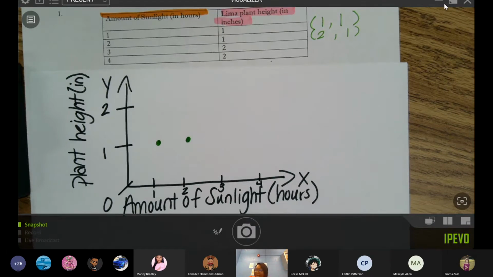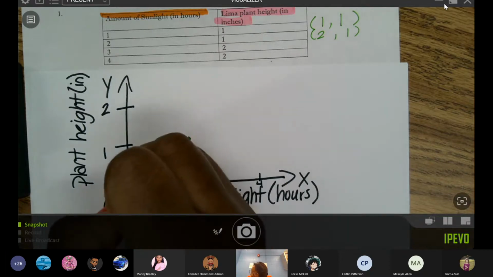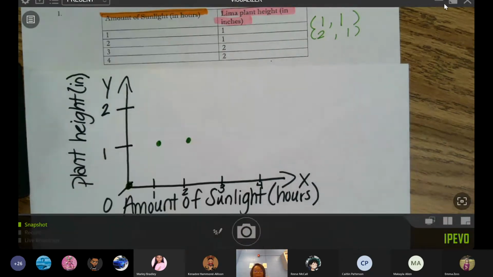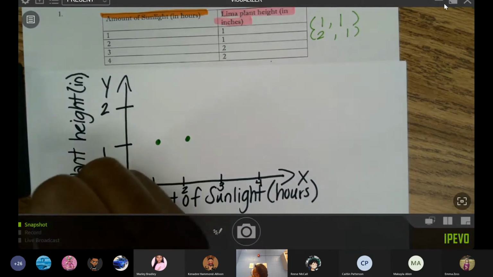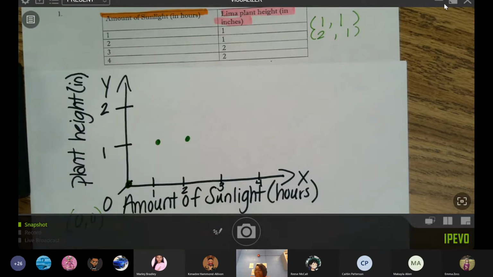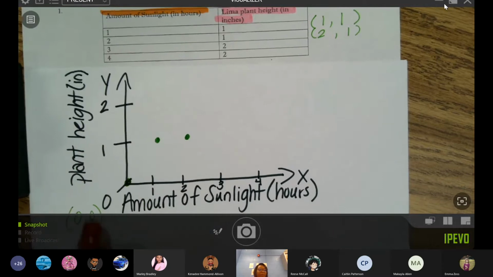And how could I forget? Because our plant wasn't growing at all in the beginning, we have to put a point at our point of origin. That 0, 0 should get a point here. That means there was no plant growth in the very beginning.